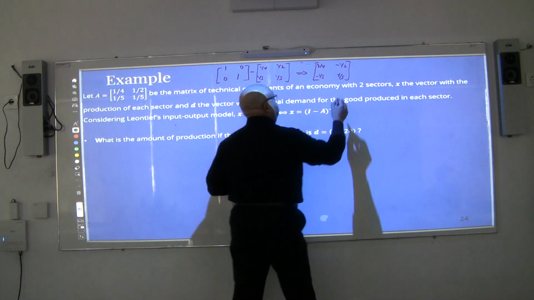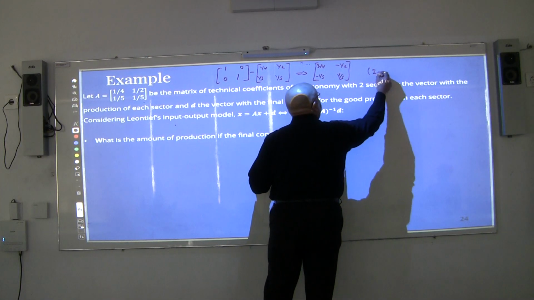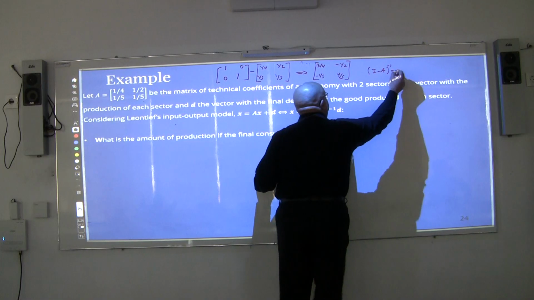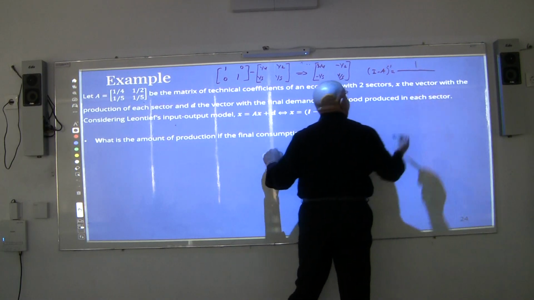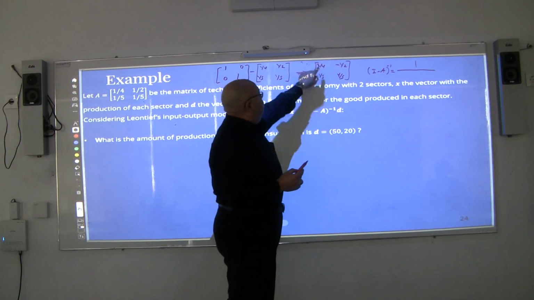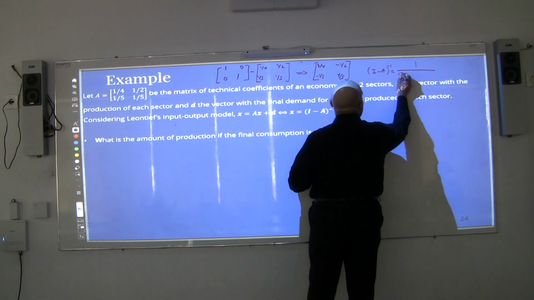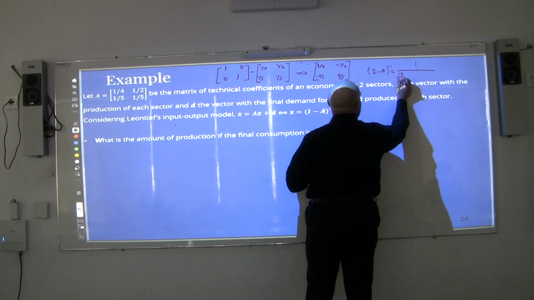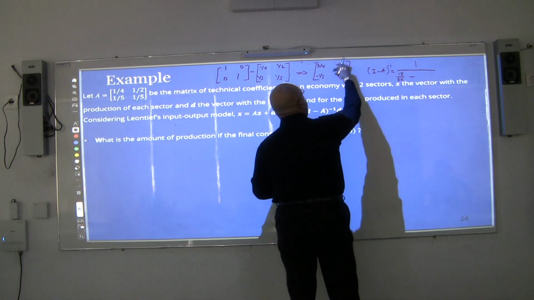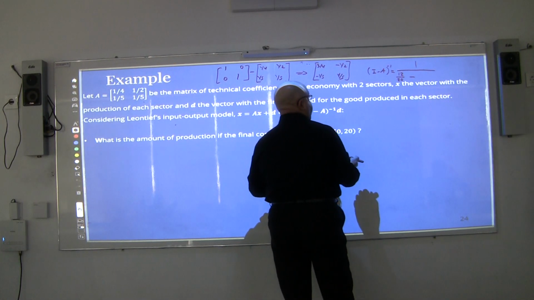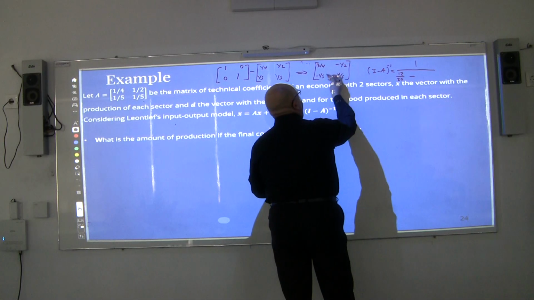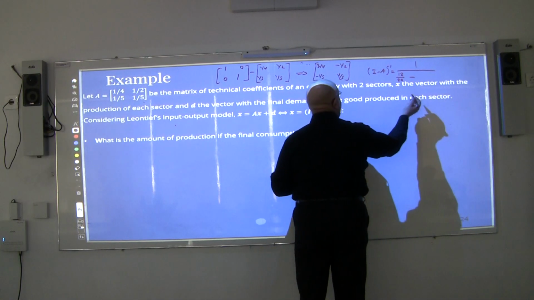It's really very simple. To get (I minus A) to the power of negative 1, all I have to do, once more, is 1 over, multiply the elements of the principal diagonal, which is going to be 12 over 20, minus, I will multiply these two in each other, which is going to be 1 over 10 minus 1 over 10.